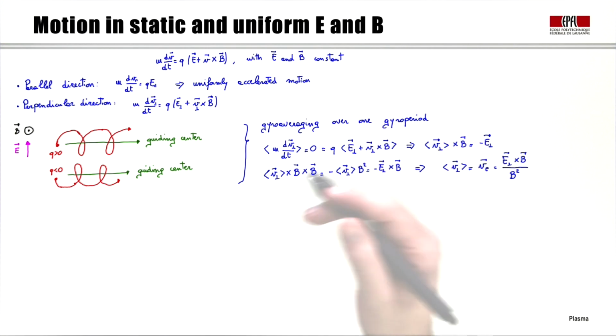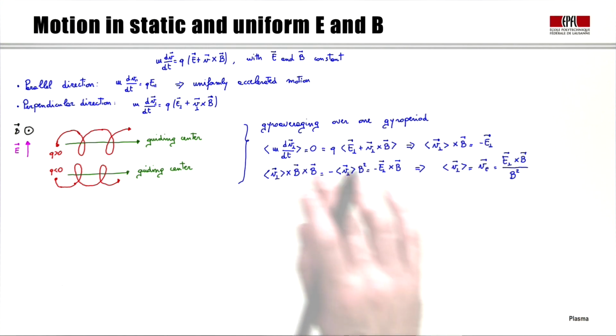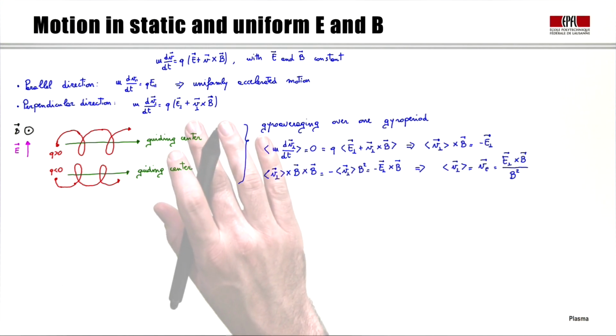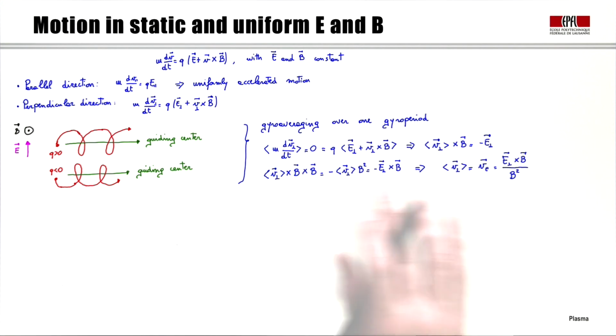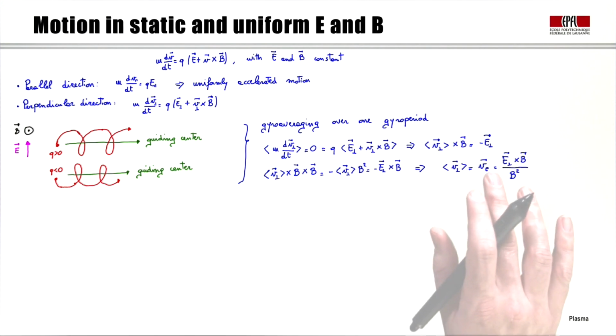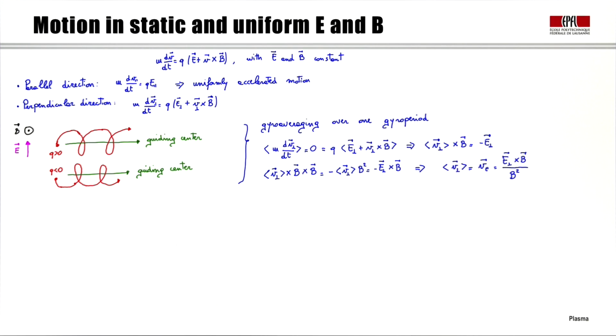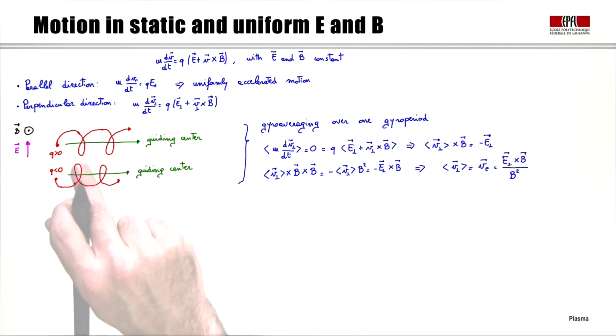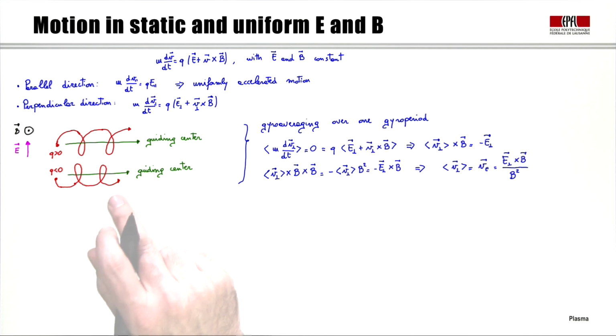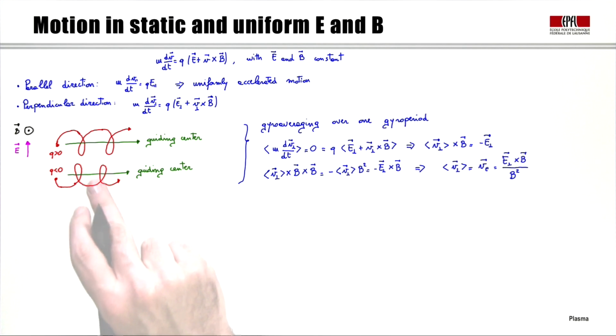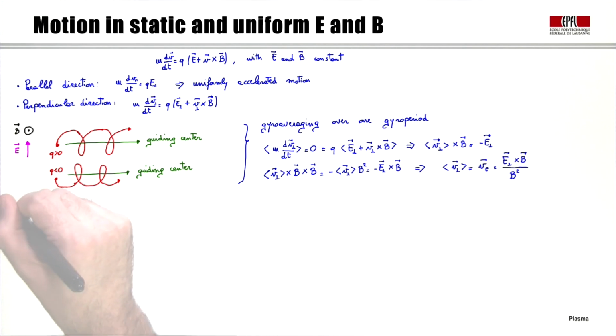I mean, the full motion, the difference between the actual motion of the particles and the drift. We can decompose V perp as the sum of the VE velocity plus the perturbed quantity, if you want to call it this way, that will give this oscillation that we see here.